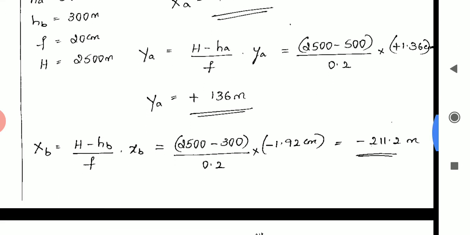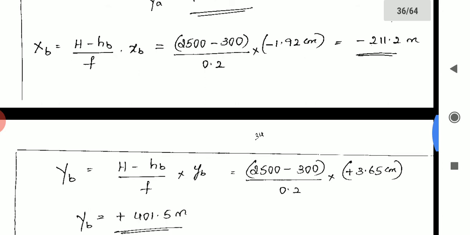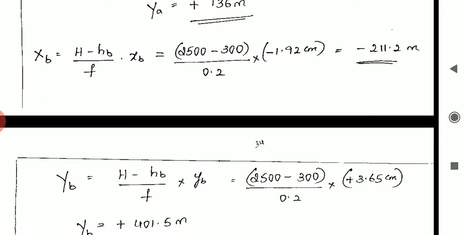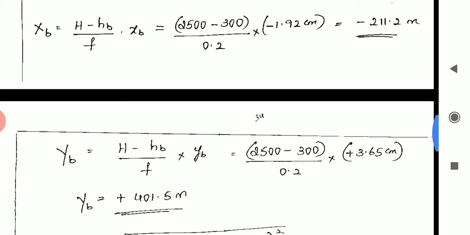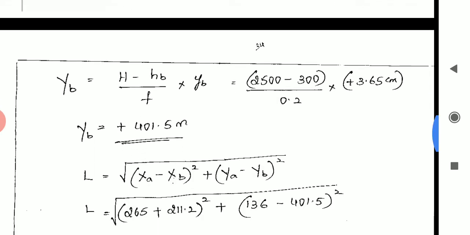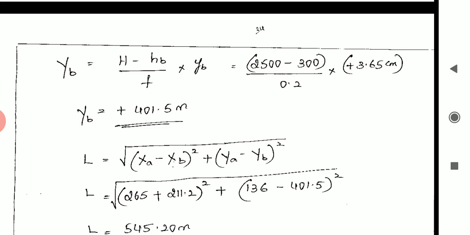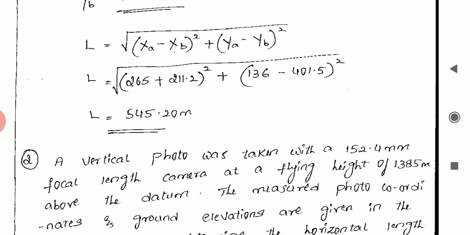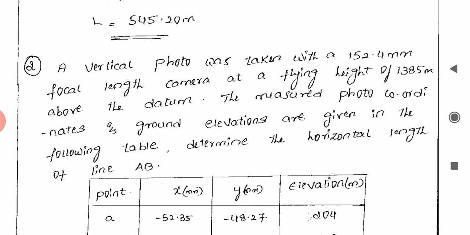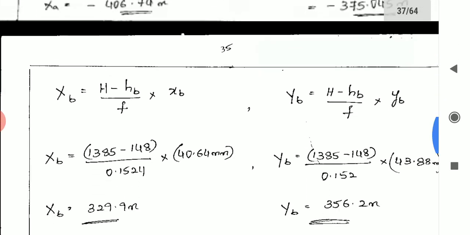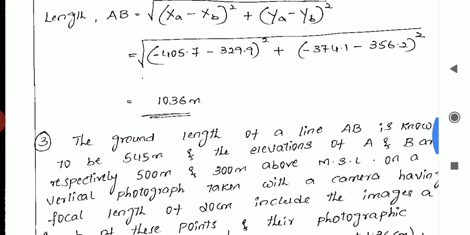Also we have to find xb and yb using the formula. xb will be negative, which is downward, and yb is positive. So by using xa, xb, ya, yb we will get the length of AB, which is 5.20 meter. Next problem: a vertical photo was taken with the same type. See here, a similar problem.